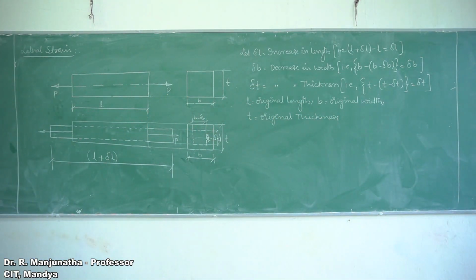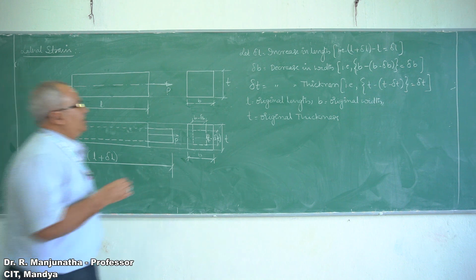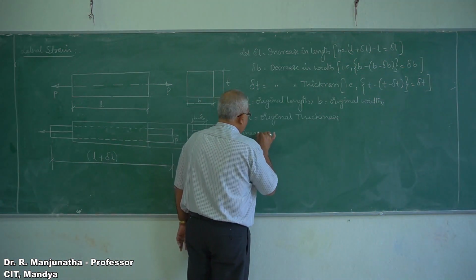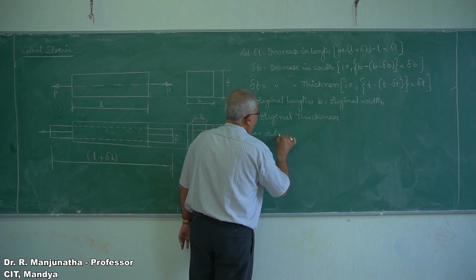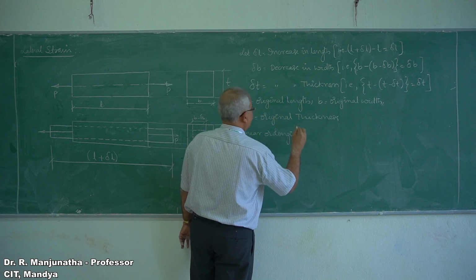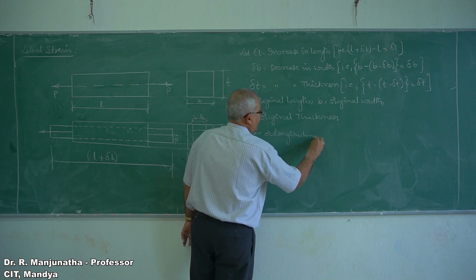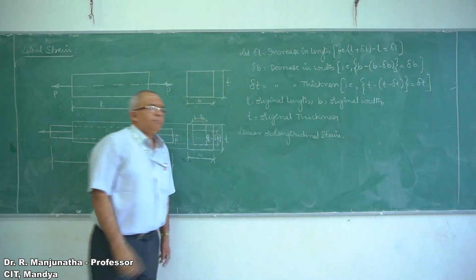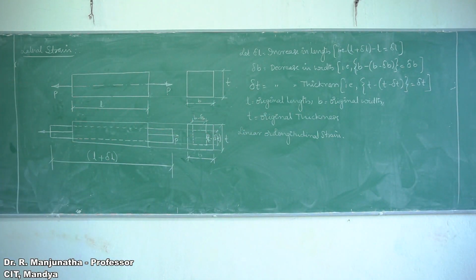So now the linear or longitudinal strain. Linear or longitudinal strain is given by the change in length by the original length of the member.